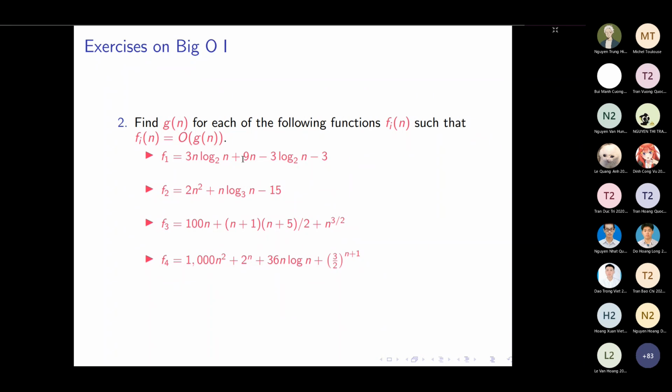So I have the expression 3n minus 3 multiplied by log 2 of n plus 9n minus 3 is always smaller than n log n. So I think the function is n log n.